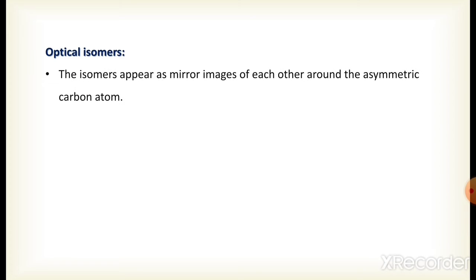Now, the first one is optical isomers. Optical isomers are the type of stereoisomers where the isomers appear as mirror images of each other around an asymmetric carbon atom.